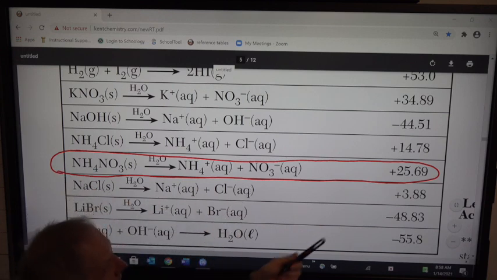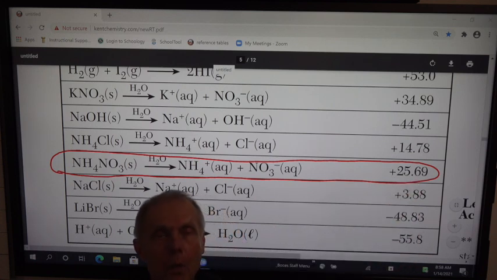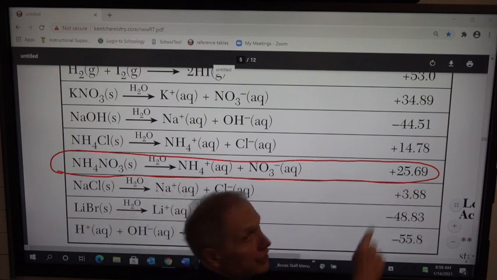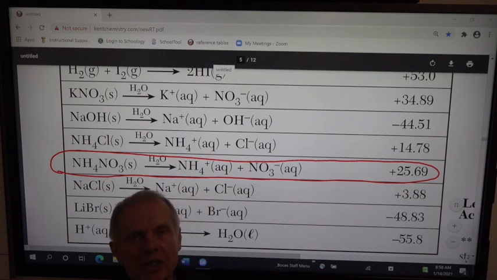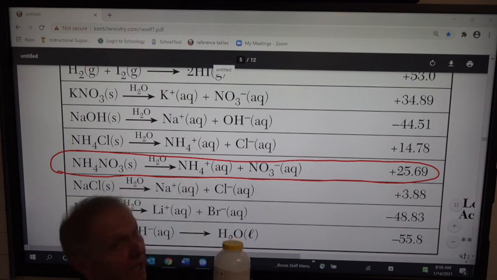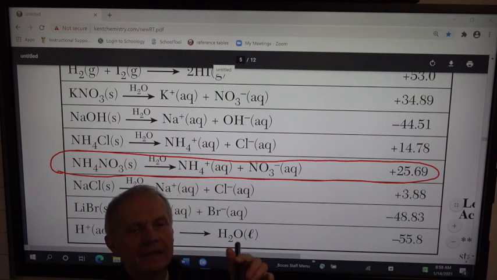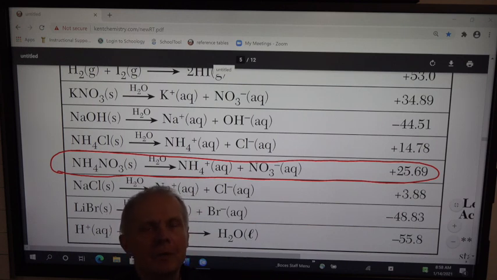Now, over here, look, it says plus 25.69, which means if the delta H is positive, the reaction is endothermic. And what I showed my kids is I put some of this ammonium nitrate in water, stirred it up, and had them feel the bottom of the beaker.